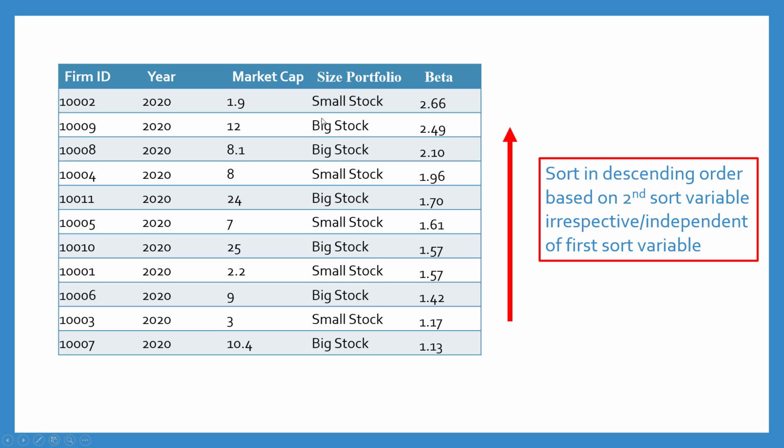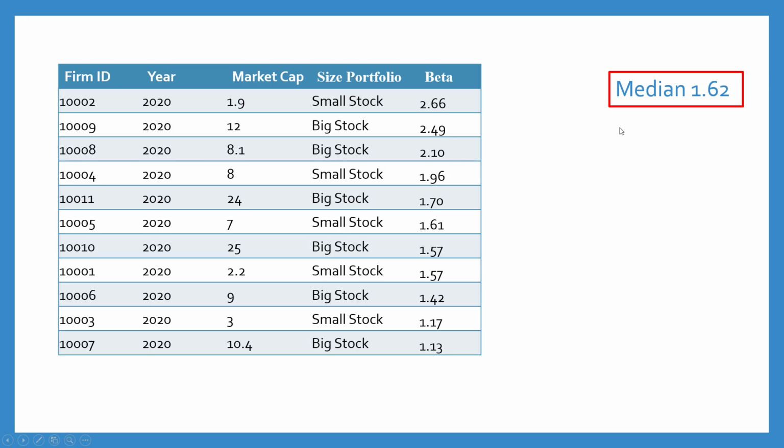So whether it is a small stock or a big stock, we have just sorted them on the basis of beta. We would divide these stocks into high beta and low beta using a certain breaking point. Again, that can be median, mean, percentile, or any other method. In this case, we would use median.